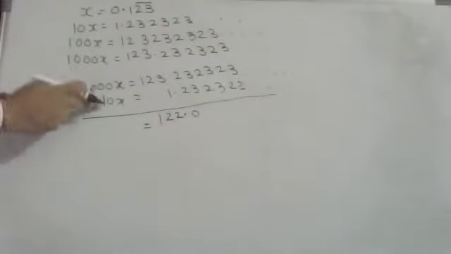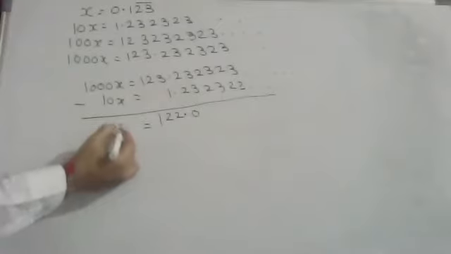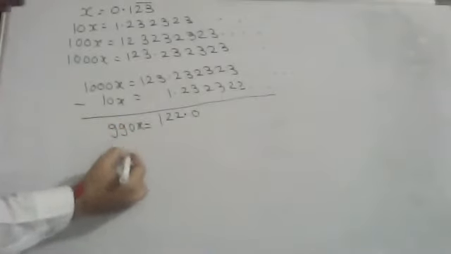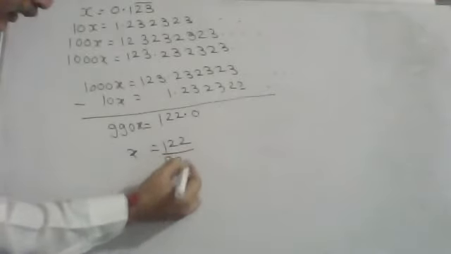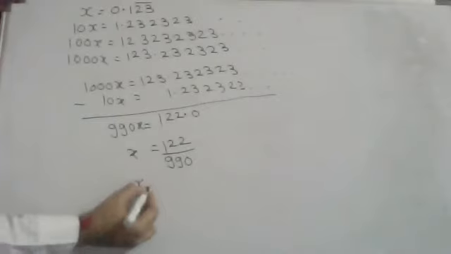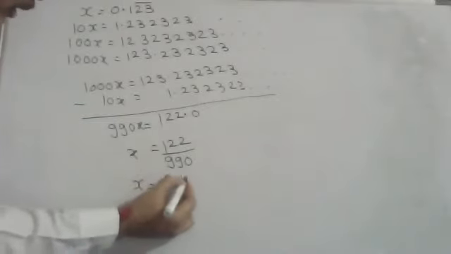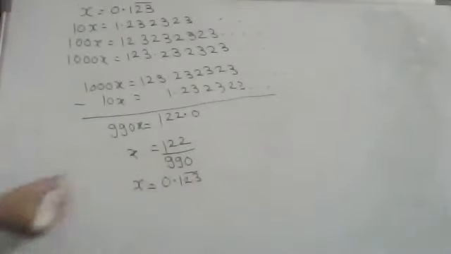Therefore, I subtracted 1000x minus 10x. This is 990x. What is x? x is 122 upon 990. And what is our number? Our number x is 0.12323 bar.